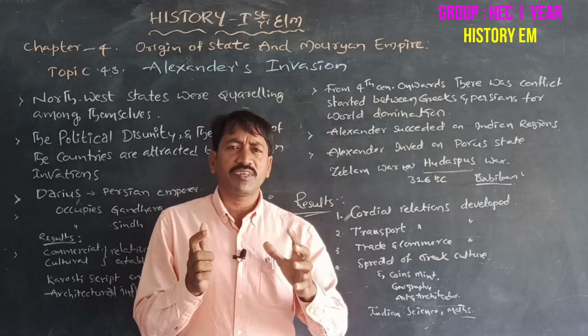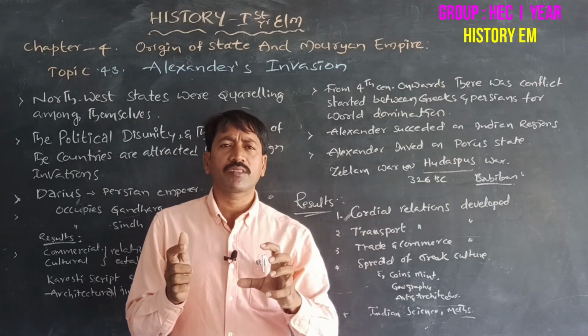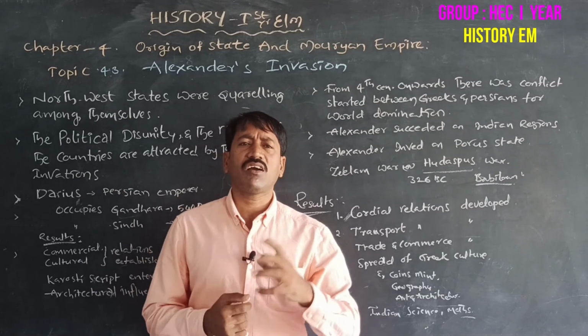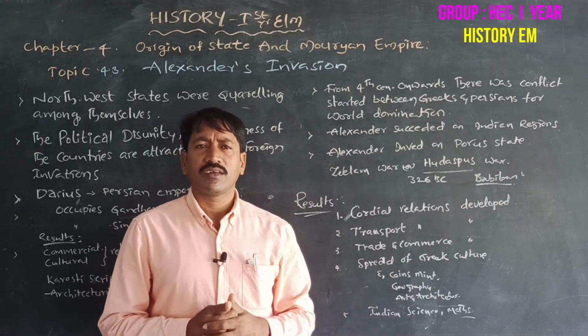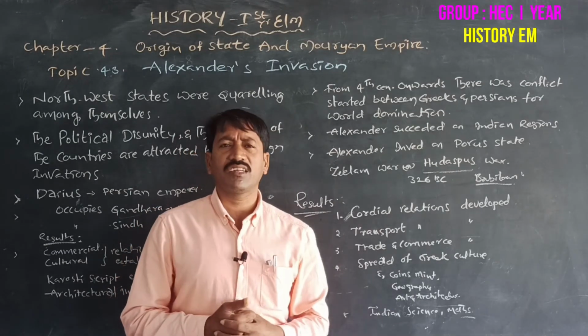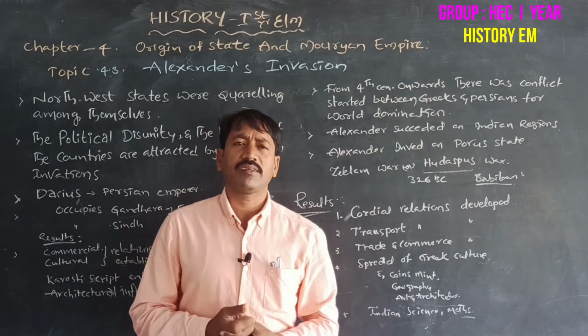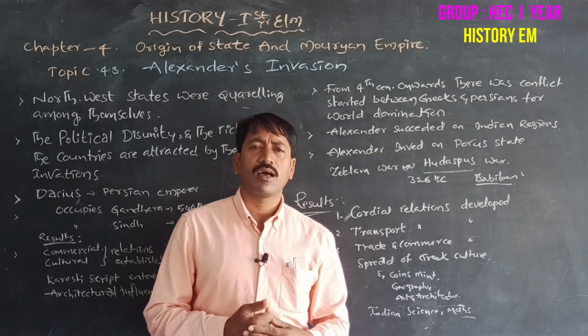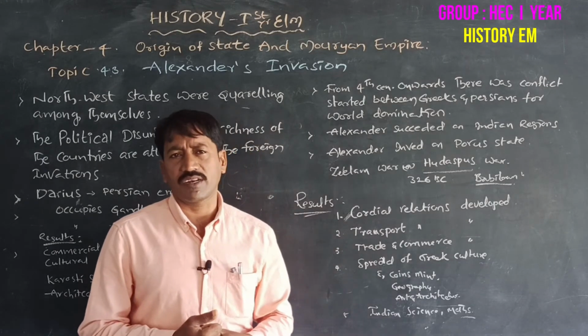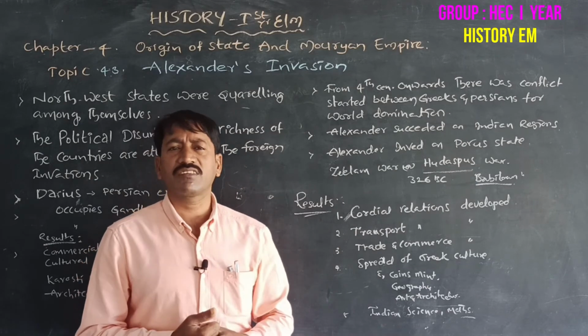The region between the Chenab and Jhelum rivers is called the Porus kingdom. He fought bravely against Alexander in the battle of Hydaspes, or the battle of the Jhelum river, in the year 326 BC.